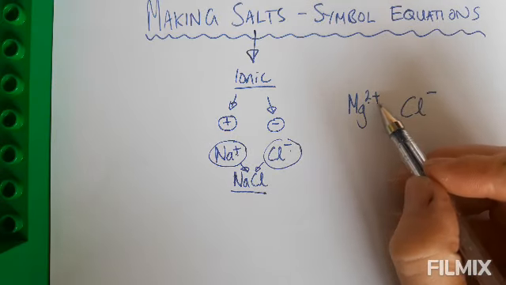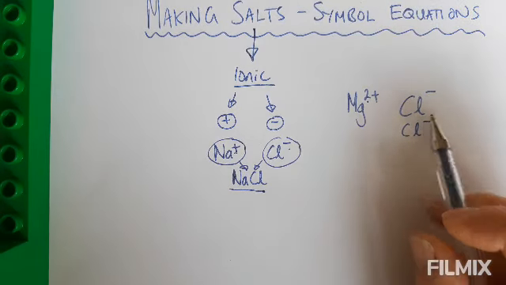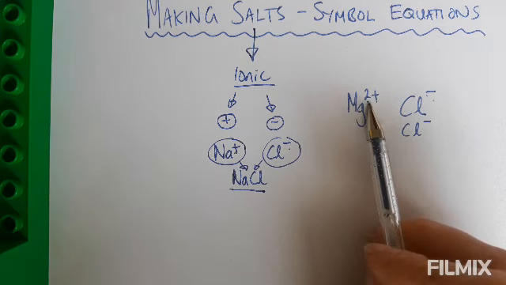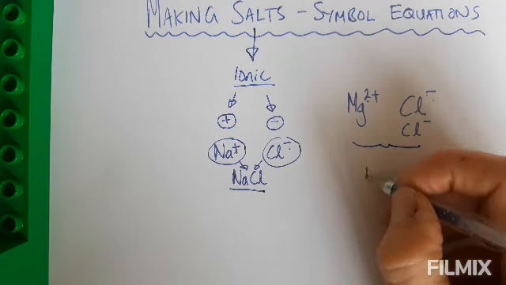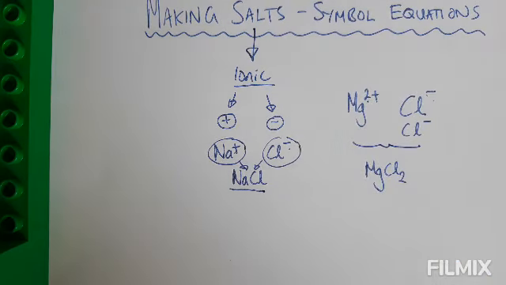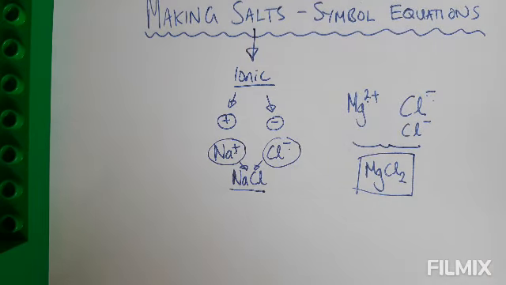Chloride is 1-, so I would need 2 chlorides to make 2 minuses to cancel out the 2+. So the formula for magnesium chloride is MgCl2.